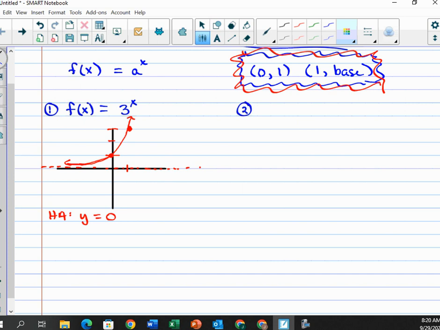So let's try another one. We'll just jump right in with lots of changes. Let's do 2 times 3 to the (x plus 1) minus 4.